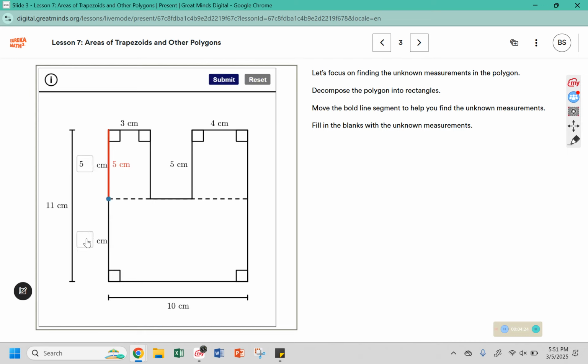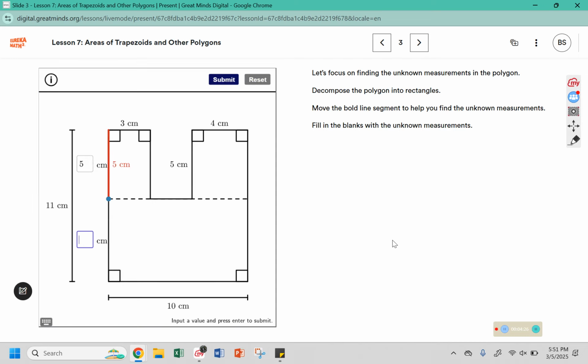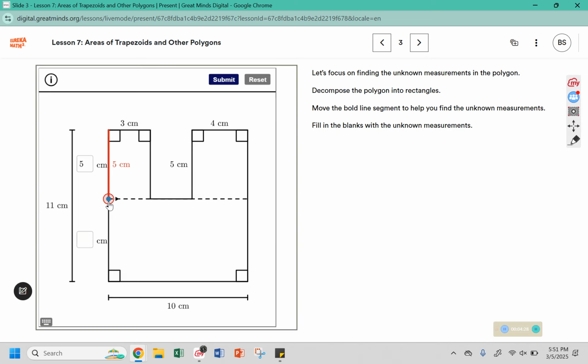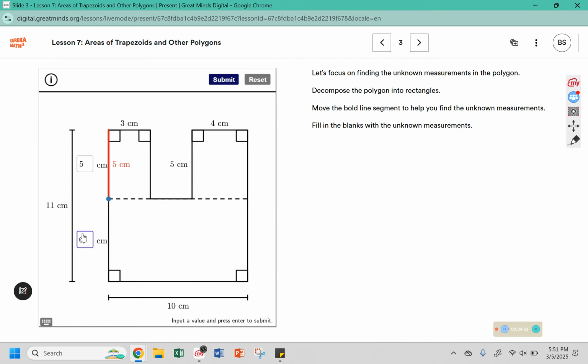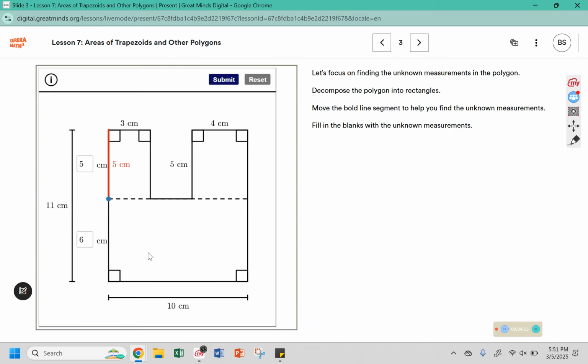We still need to fill in this piece here. If this piece is 5, but the whole thing is 11, in order to make this whole distance here, 5 plus 6 has to make this whole side equal 11.